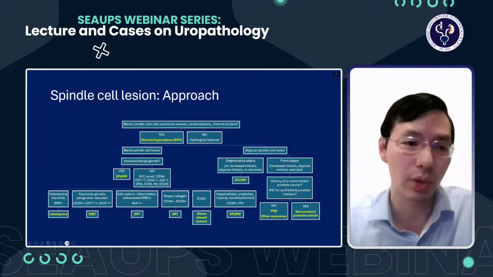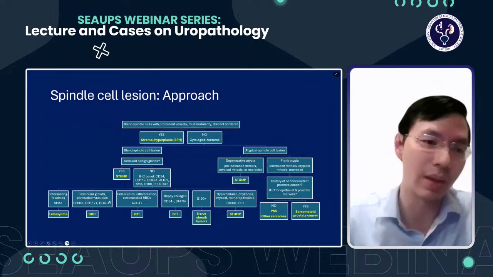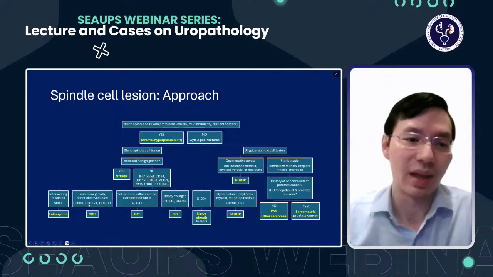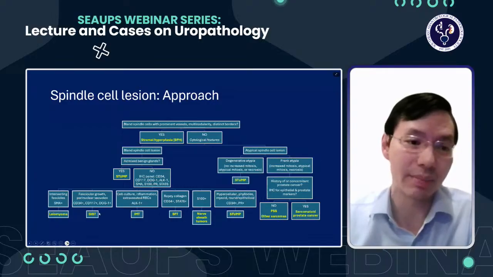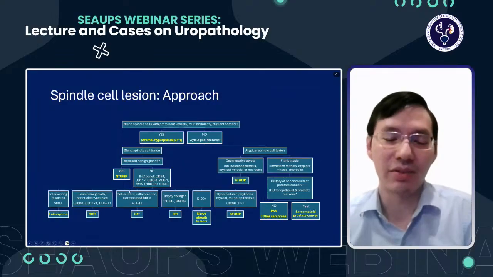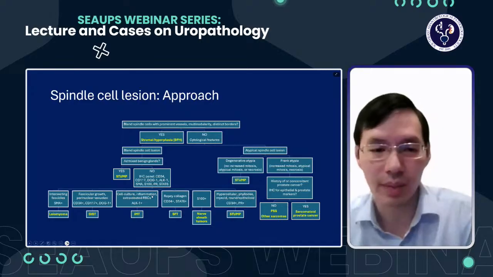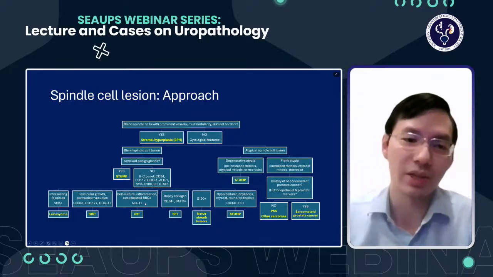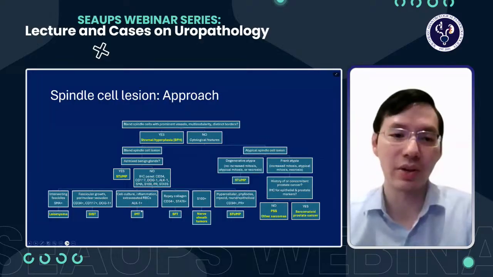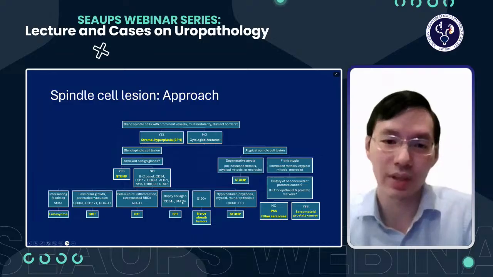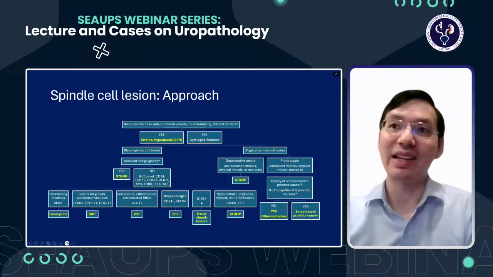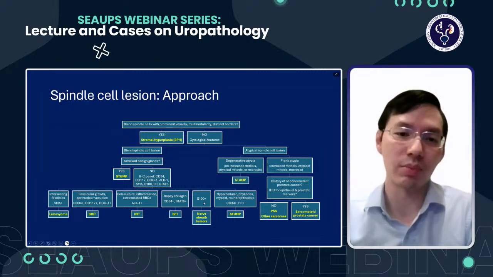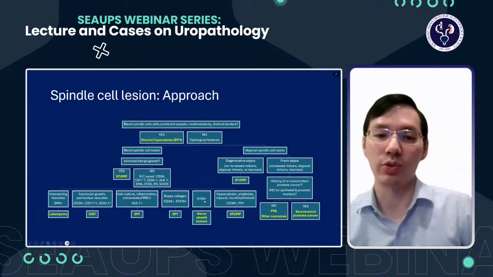If you see fascicular growth with perinuclear vacuoles, you might want to throw in some CD117 and DOG1. If you see a tissue culture appearance with inflammation and extravasated red blood cells, you would want to do an ALK1, and if that's positive, it will help you diagnose an IMT. If we see ropey collagen with STAT6 positivity, then it's an SFT. If it looks like a schwannoma or a neurofibroma, you want to throw in S100.